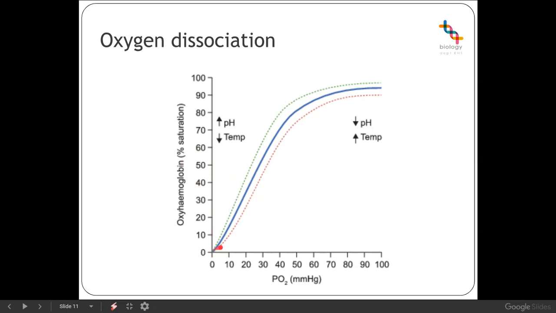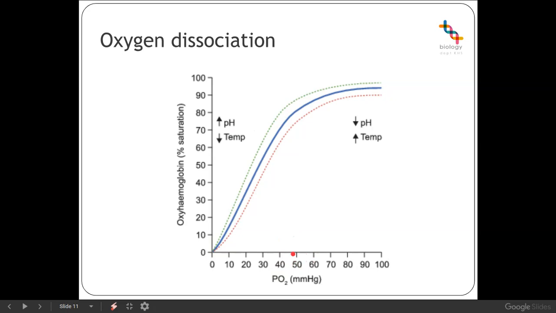So essentially this blue line here is representing what we would consider normal physiological conditions. So as we have a higher pressure of oxygen, we're going to increase the amount of oxyhemoglobin saturation. However, this red line here represents the effect of decreasing pH or increasing temperature, whereas the green line is the opposite, what would happen if we increased pH and decreased temperature. So if we consider 50 down here, we've got normal physiological conditions.